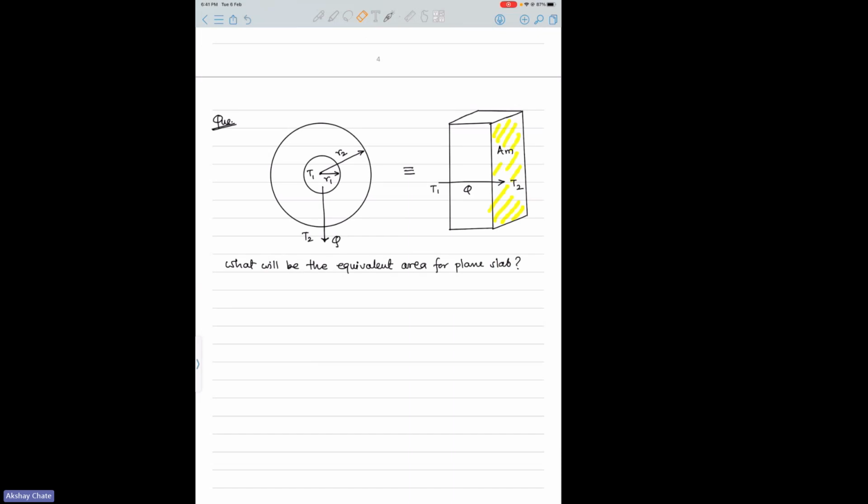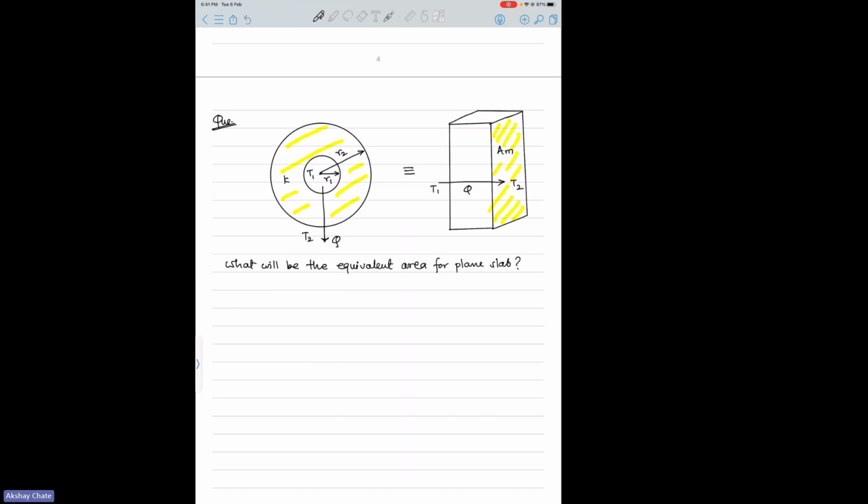As we have seen, again, we have to start from the thermal resistance. And for a cylindrical composite wall like this, this is your material with K thermal conductivity.